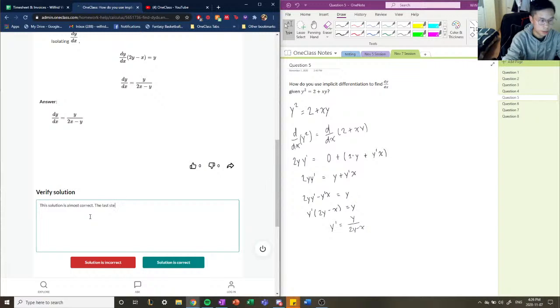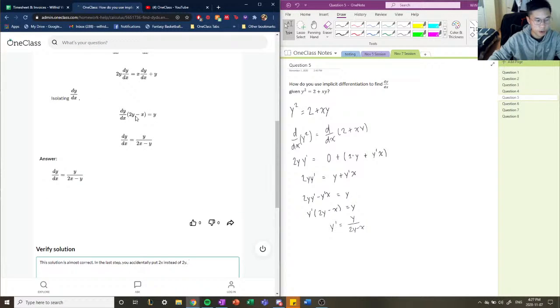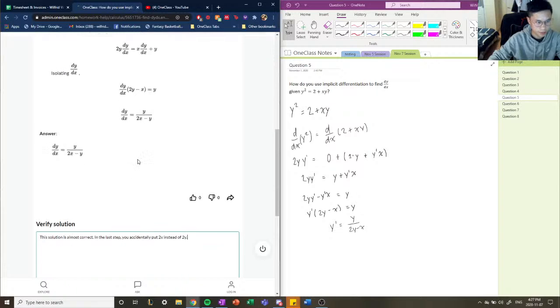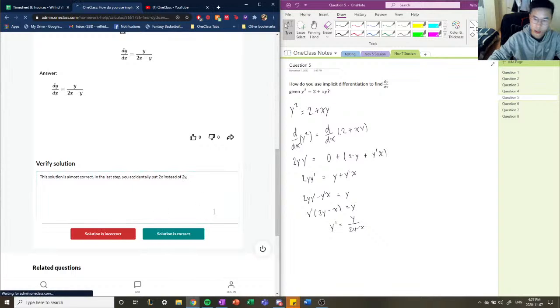In the last step, you accidentally put 2x instead of 2y. Yeah, so you can see here that they had 2y minus x, but when they divided the left side and the right side, they put 2x minus y. So yeah, cool.